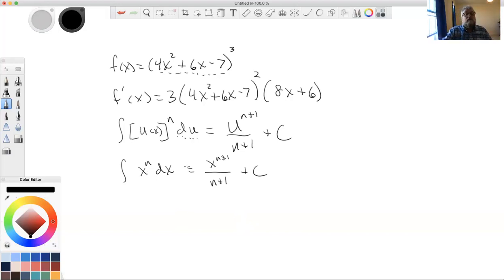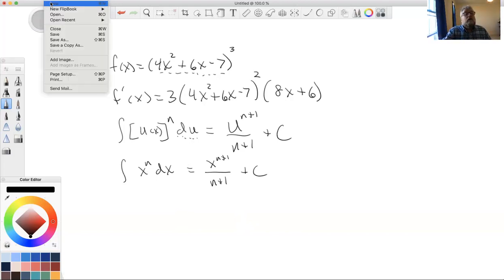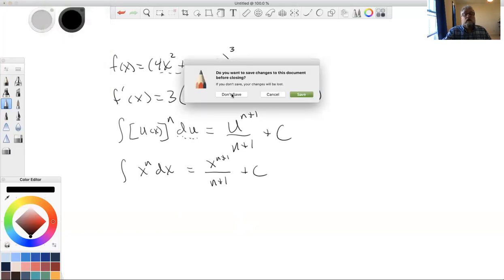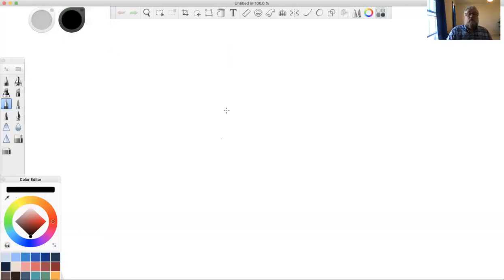Okay, so let's try this rule, and I'm going to write the rule up here so I don't lose it. The integral of u of x to the n du equals u to the n plus 1 over n plus 1.